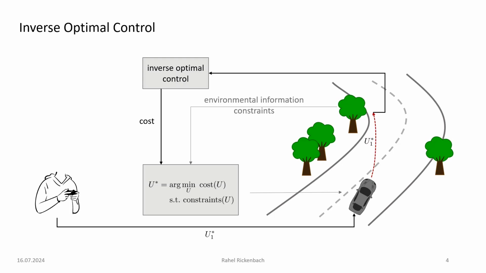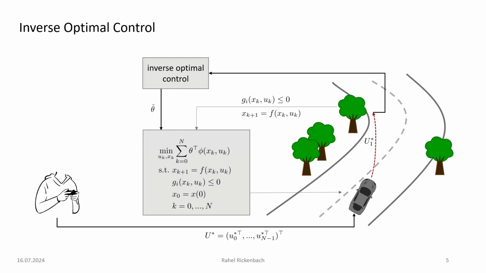Within this talk, we're going to consider a specific problem description where we have an unknown objective parameter theta with some known basis vector phi. We further assume that the environmental demands as well as the dynamics are known. This task has been investigated not only by the optimal control community, but also from the reinforcement learning side.